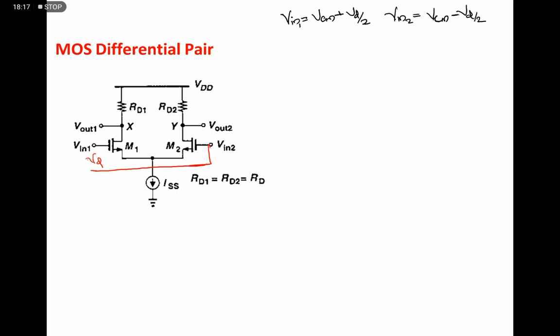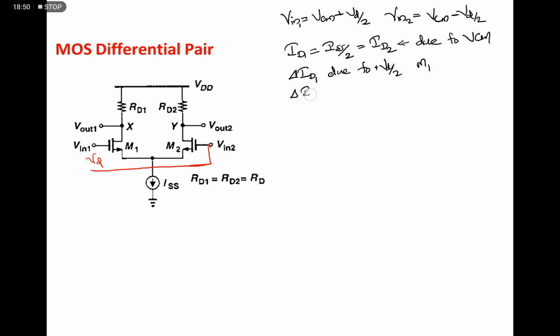Then let ID1 equal to ISS by 2, which is equal to ID2, be the current due to VCM, and delta ID1 be the current change due to VD by 2 in M1, and similarly delta ID2 in M2, which is decreasing, due to our minus VD by 2.